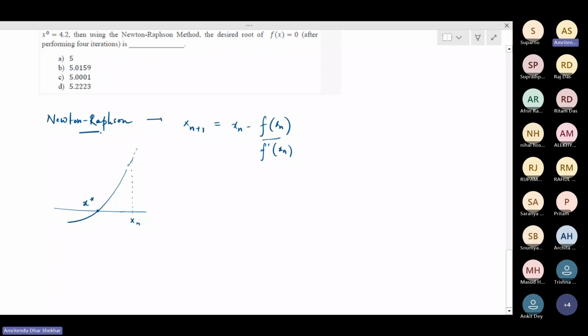The idea is as follows: you draw a tangent to the curve at this point, which is (xn, f of xn), and wherever this tangent intersects the x-axis, we call that xn plus one.